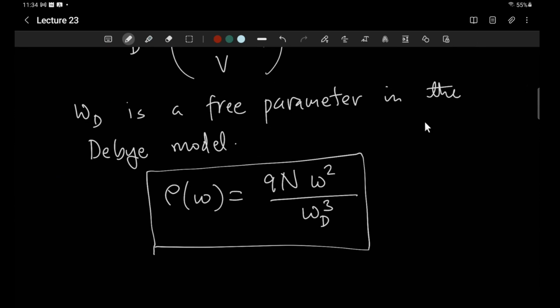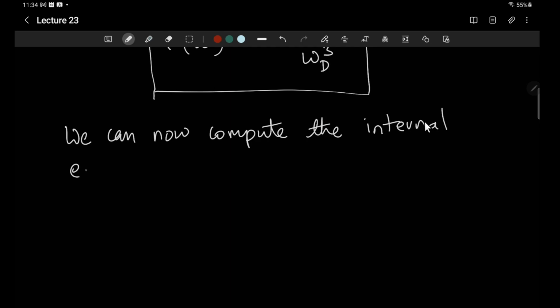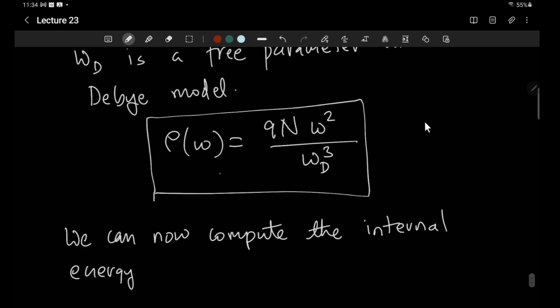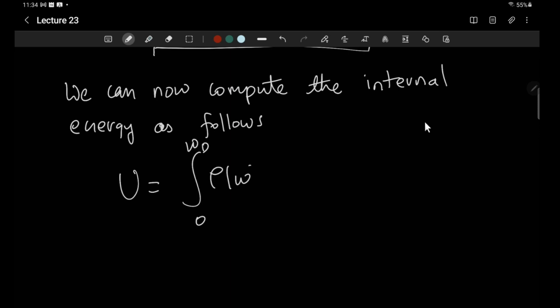Now we need to compute the total internal energy. This is for omega less than omega d. So rho of omega we have computed.